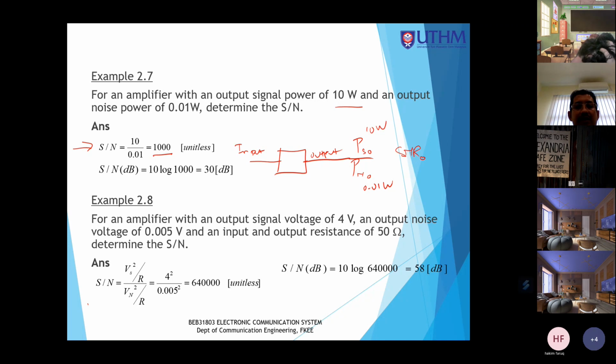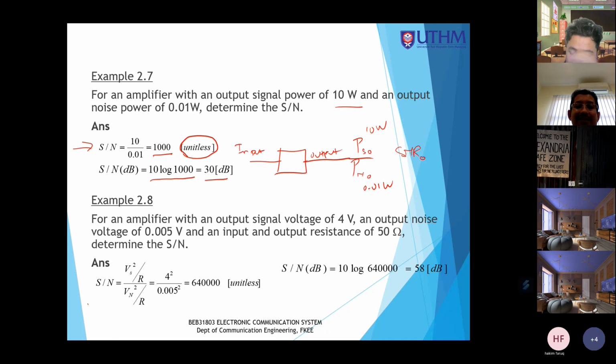And then dalam sebutan decibel, 10 log 1000, so we get 30 dB. Remember class, you tak perlu tulis pun unitless ni. Maksud saya perkataan unitless ini tidak perlu ditulis dalam exam. Kita faham kalau 1000, dia adalah 1000 tanpa unit.